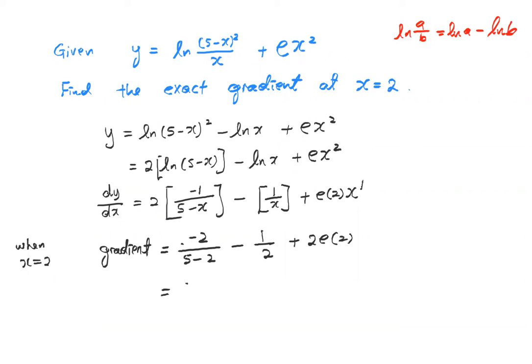So this will be negative 2 over 3 minus half plus 4e. So this will be 4e. You just cross, take away. Bottom you put 6. So negative 2 times 2 is 4. 4 plus 3, 7. So it's negative 7 over 6. So this is the exact value.